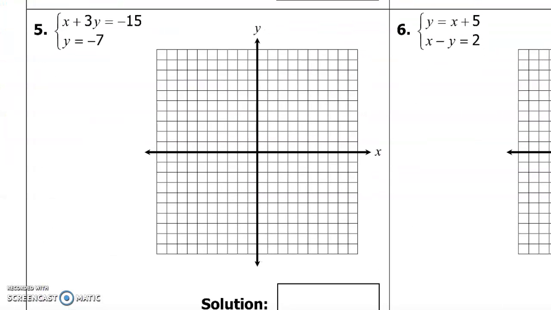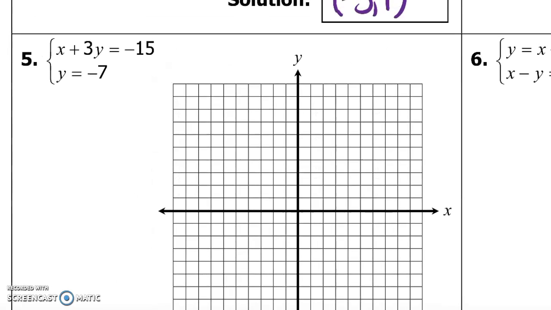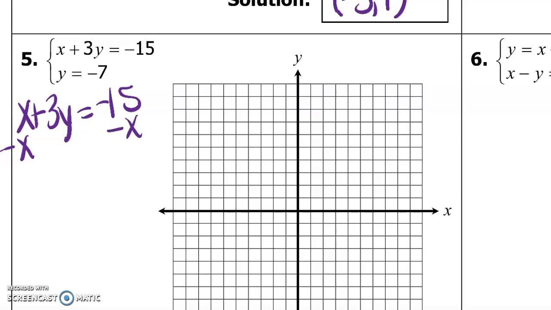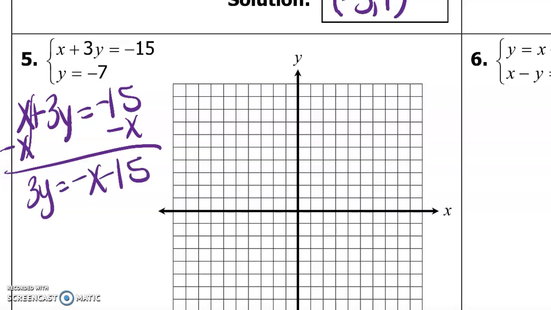If we look at number 5, I noticed that I can't use intercepts. I would be able to, but the x-intercept is negative 15, so that would not fit on my graph. So I do have to solve it. So again, you always move the x term first. So in this case, we're going to subtract x. 3y equals negative x minus 15.